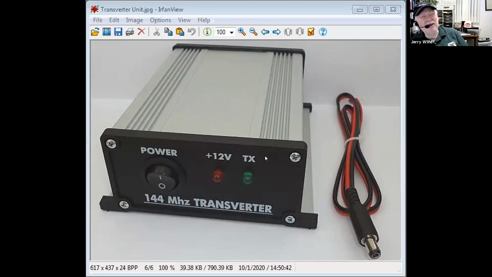Anyone remember what coverage the 70 centimeter band is? Okay, you've got a chart at the end of chapter 1, if you have to look.